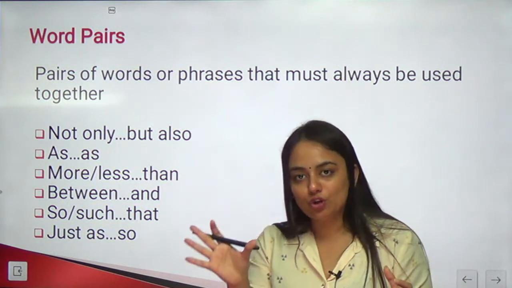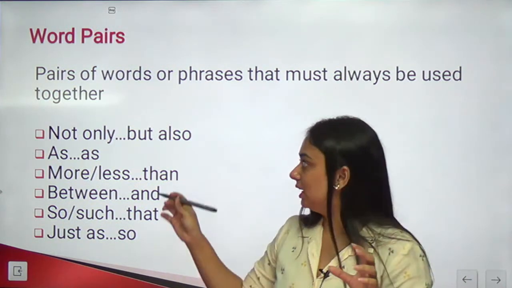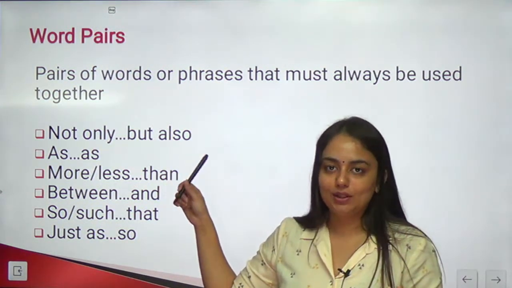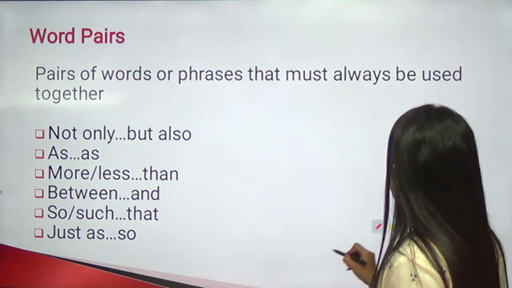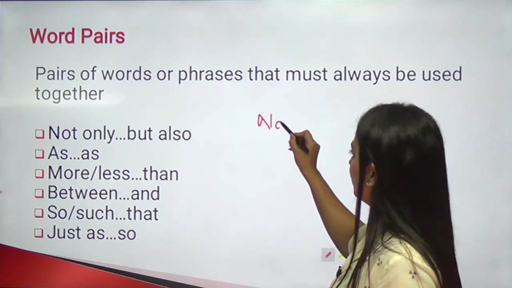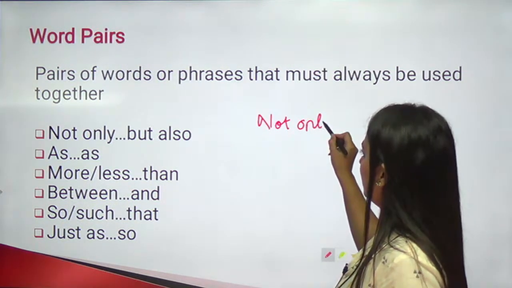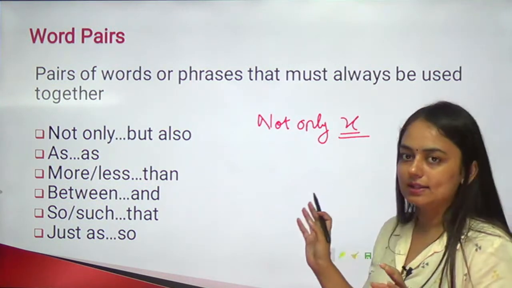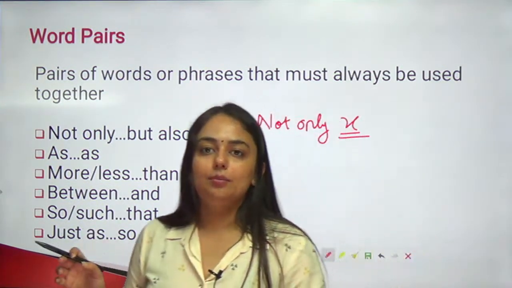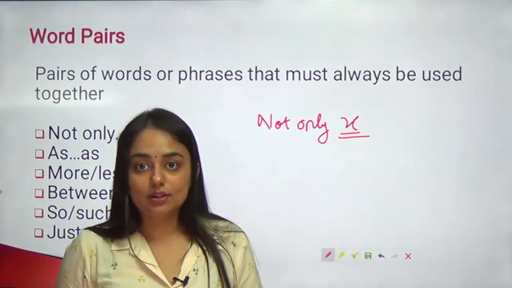If you have used not only, it's compulsory, mandatory that you use but also in the sentence. Also make sure that when you are saying something after not only, whatever it is, let us write X. So not only Sita, but Harish was also present there.